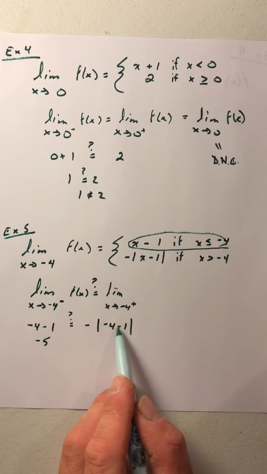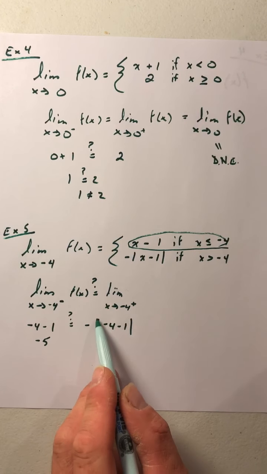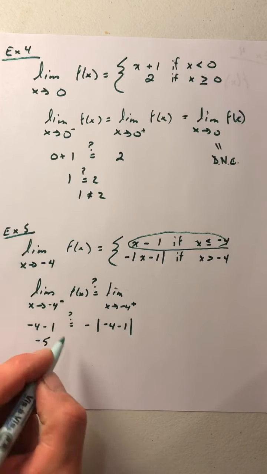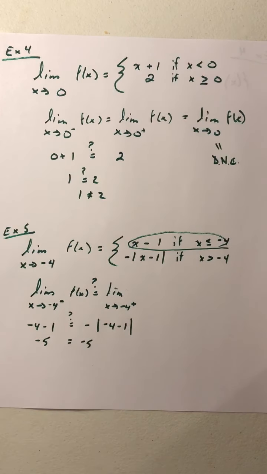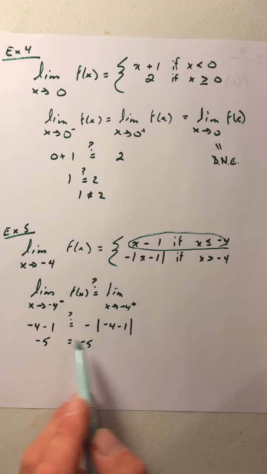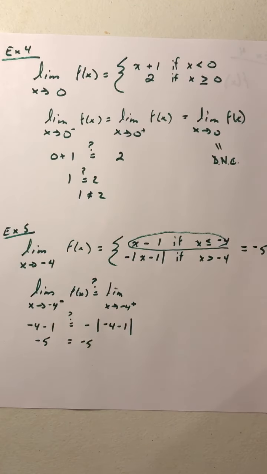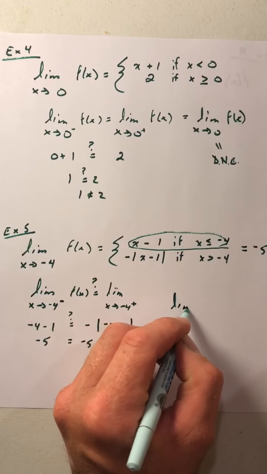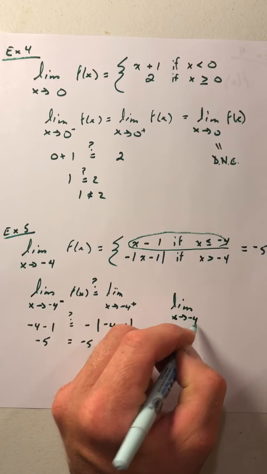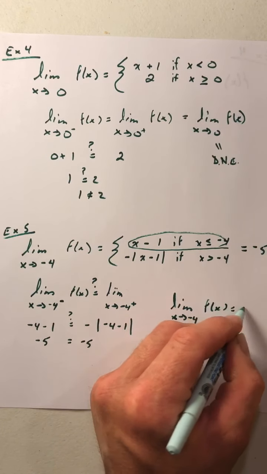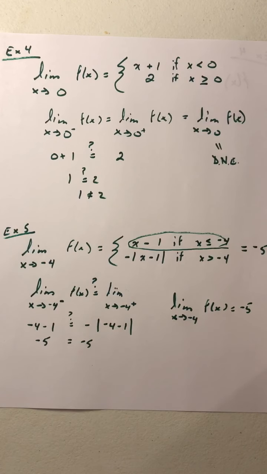The absolute value of negative 4 minus 1 is the absolute value of negative 5, which is 5. So I get negative 5. Since these two values equal each other, this limit exists as well. So we say the limit as x approaches negative 4 of f of x equals negative 5.